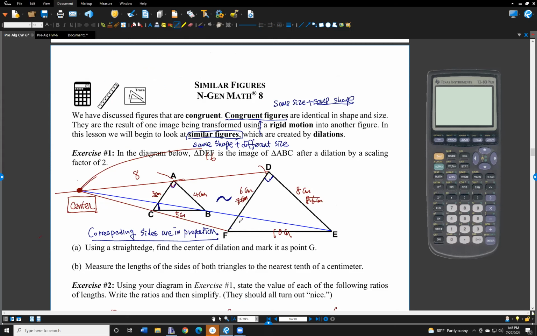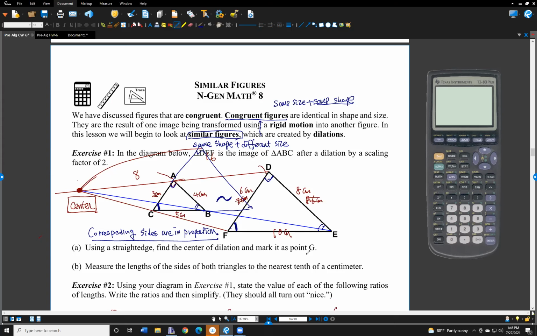Angle C equals angle F. Same angles. It's just that this is increased twice, so it looks big, but it's going to be the same angle. All right, angles don't change.